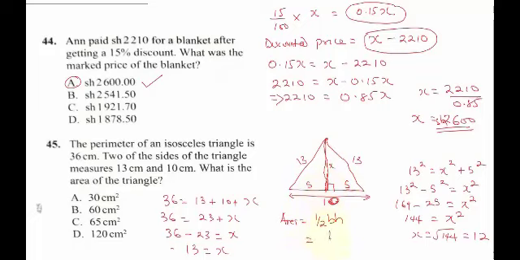So this is going to be half times 10 times 12, that's 120, all divided by 2. This is going to give you 60 cm squared. So as easy as that, you can get the area of your triangle, and the correct answer here is B.